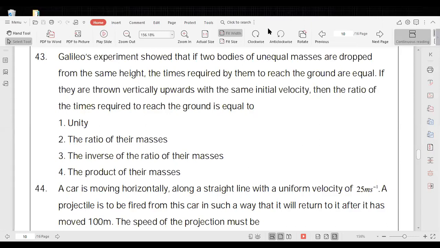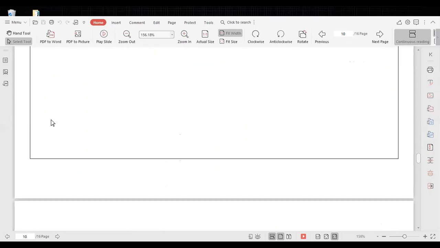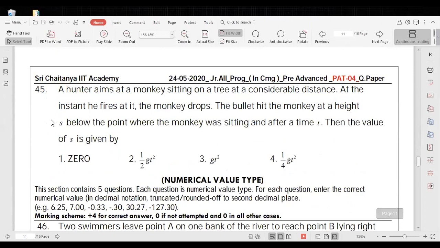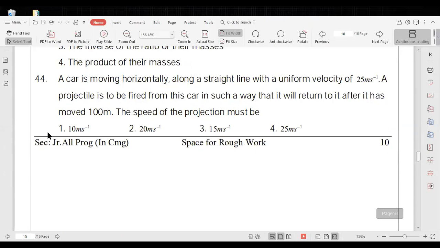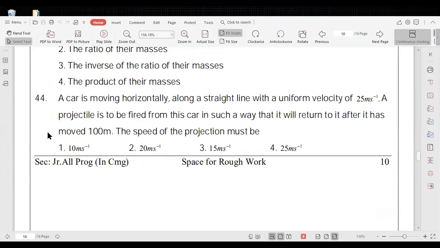Okay, next. Okay, next page you see, 45. You need 44. Okay. 44 you see. 44th problem.